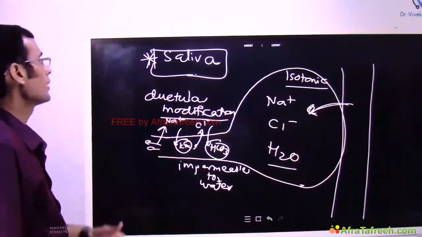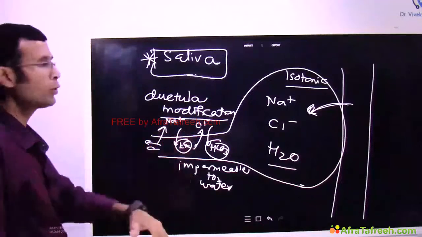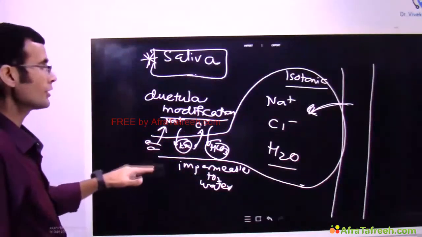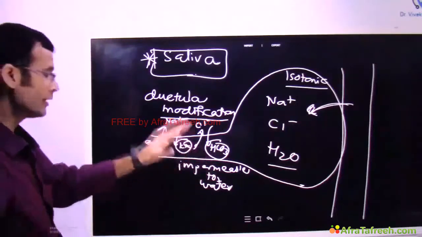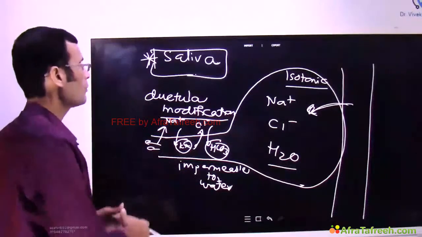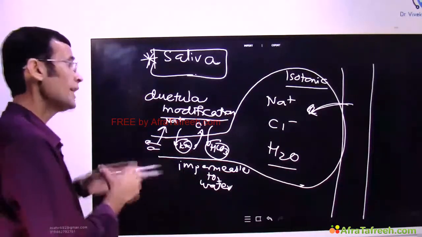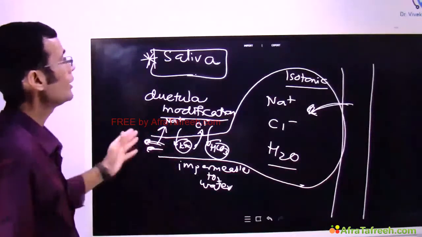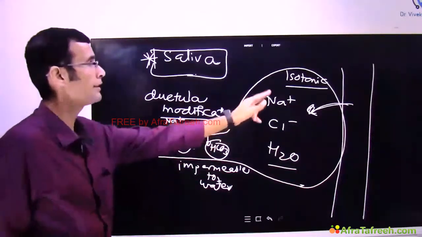Well then, when there are high flow rates of the salivary secretion, sialorrhea for instance, there will be no time for ductular modification, and in that case the final salivary secretion will resemble the primary secretion.